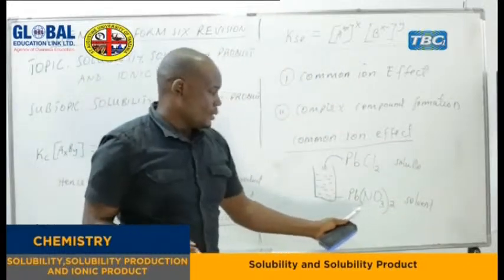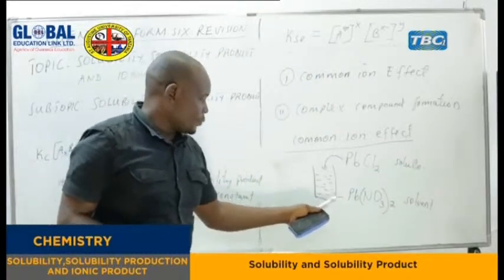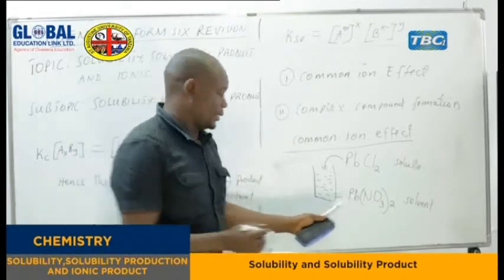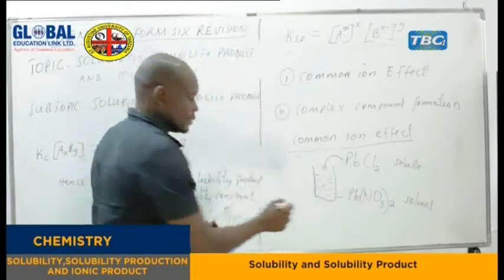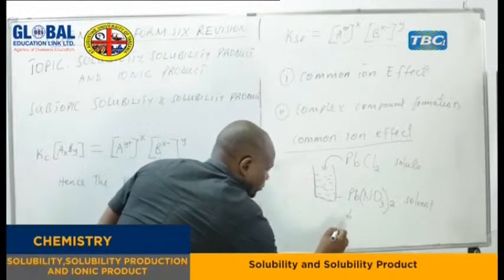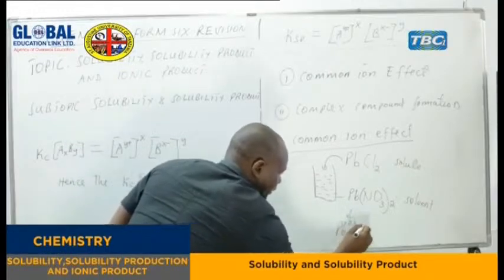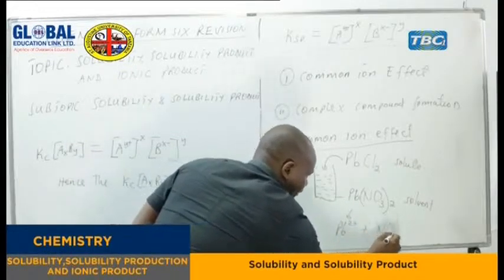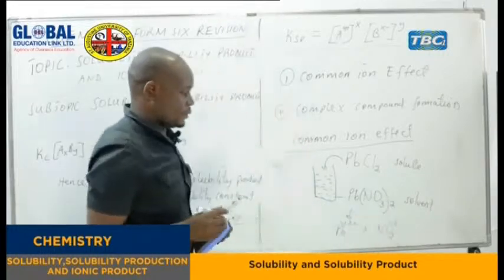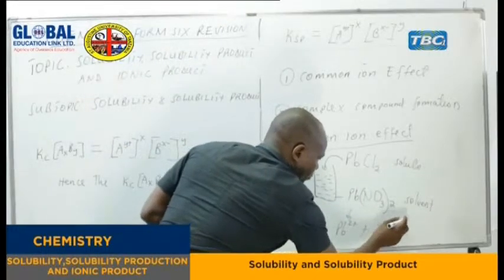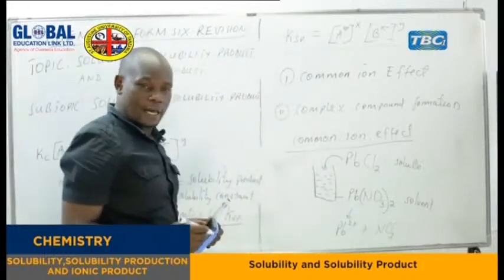Now, the ions which are present inside the solvent are lead and nitrate. So here we have our ions, which are lead and the nitrate ions.